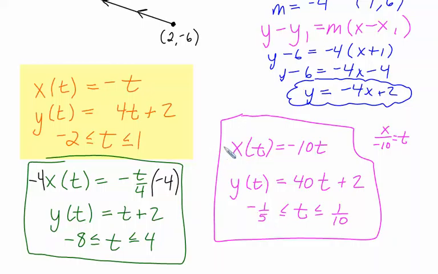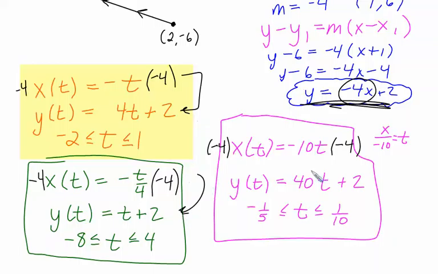If I were multiplying this one over here by negative 4, multiplying both sides by negative 4, we would have 40t, which is exactly what we have right there. It's one last check that you can do to make sure that your equation matches up. Here we're saying for y, you take negative 4 times your x and then add 2, and that works for each of these. If we took negative 4 times our x and then added 2, we would be getting our y equation on each.